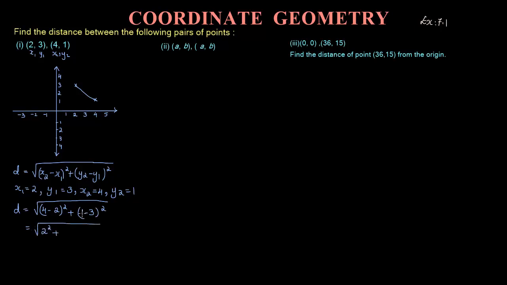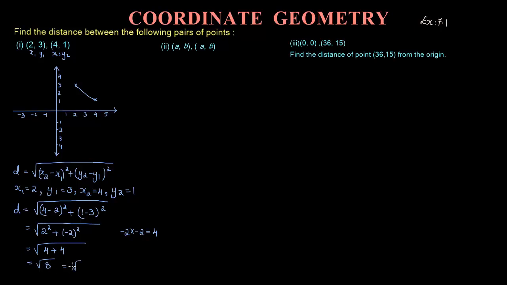Plus 2, and 1 minus 3: both have opposite signs, so you subtract and write the sign of the bigger number. So it is (minus 2) whole square. 2 square is 4, plus (minus 2) whole square, which is minus 2 into minus 2, which is 4. You will write 4 here as well. So you are getting 8.